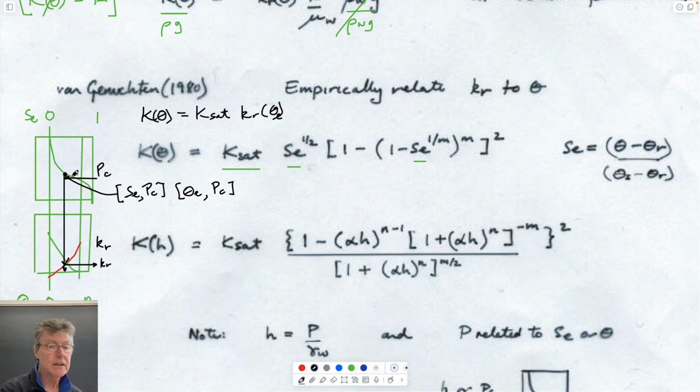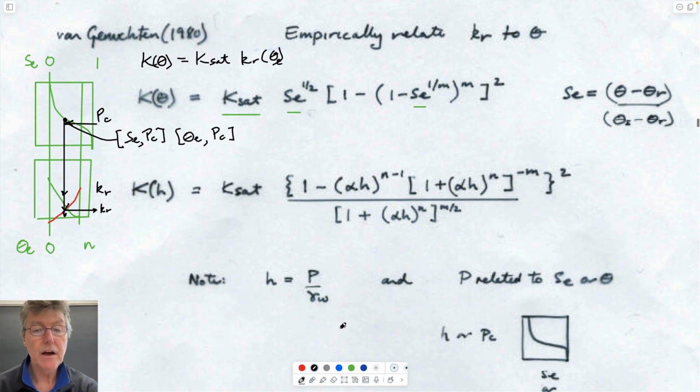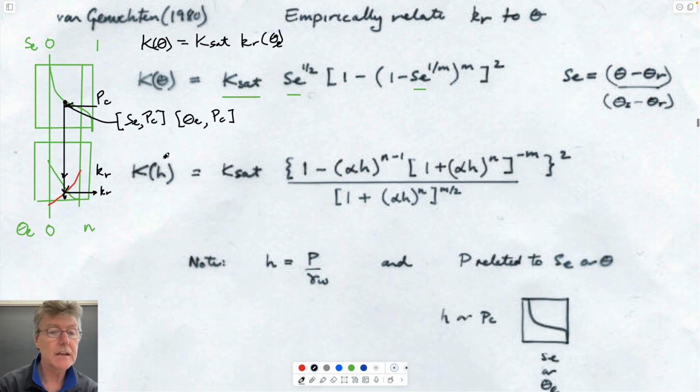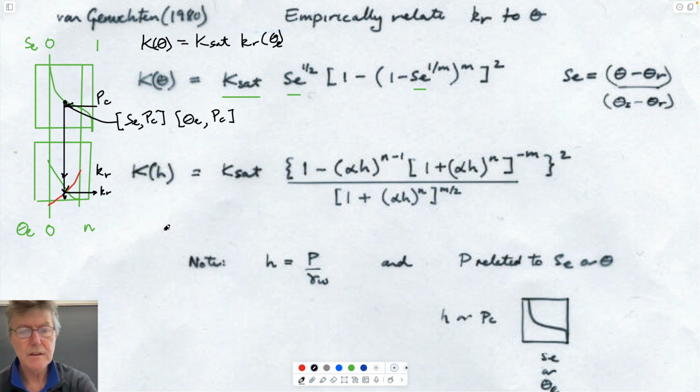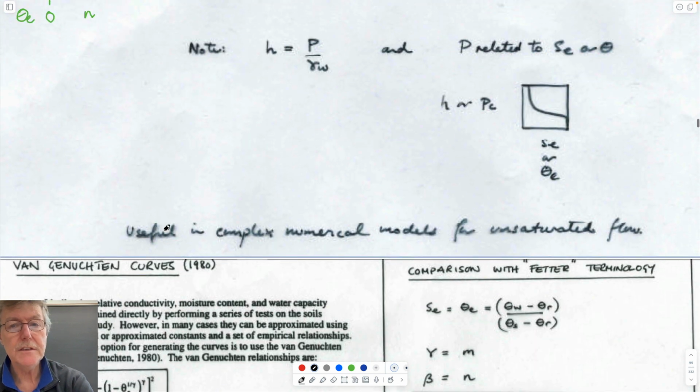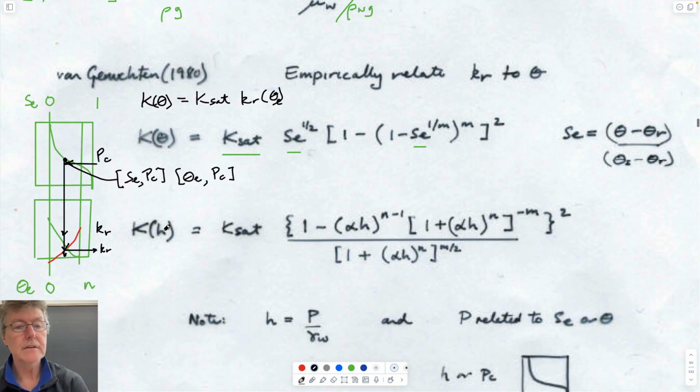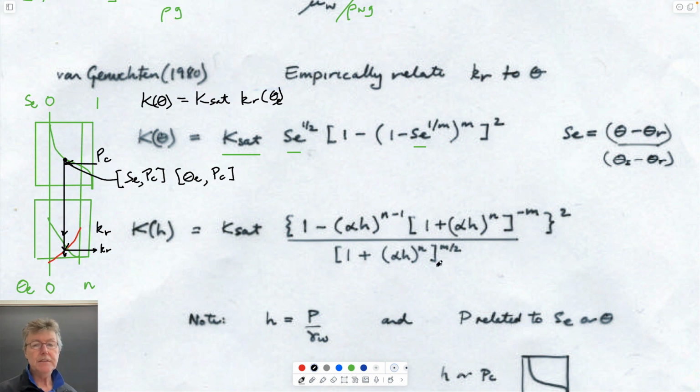So I guess it's going left here, going down here, and then going across. But they're related. And so either way, we can define exactly what the hydraulic conductivities are.